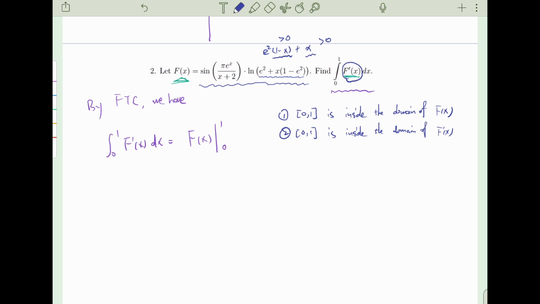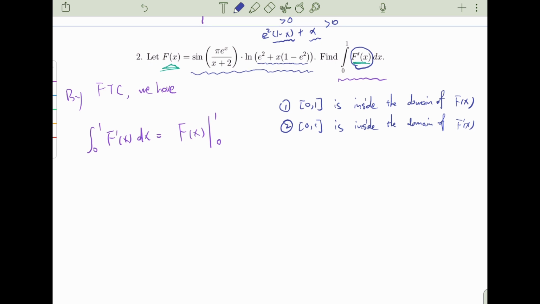That is complicated to explain, but should be easy to understand. If you're not convinced, you can just take the derivative, go through these steps, and you will see that those things that you're getting are made of sine of some kind of this expression, right, and this log function, and the only condition that you need to check is the expression inside the log function is greater than 0, and also the denominator not being 0. So it has the same condition.